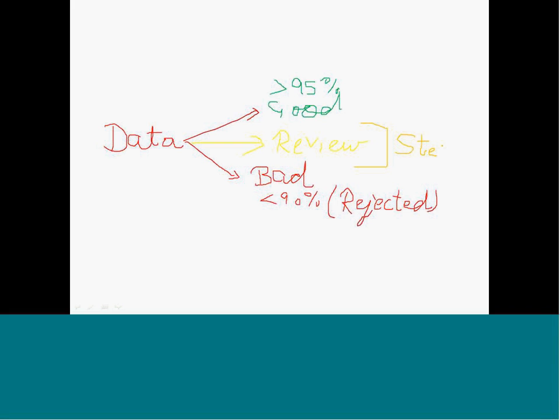We are not rejecting it, so there's an ambiguity here. We are going to give it to the steward, and the steward, the data owner, will review whether we should keep it as a good record or a bad record. So it's more like a manual review, which is what is done nowadays. That's where the steward comes into the picture.